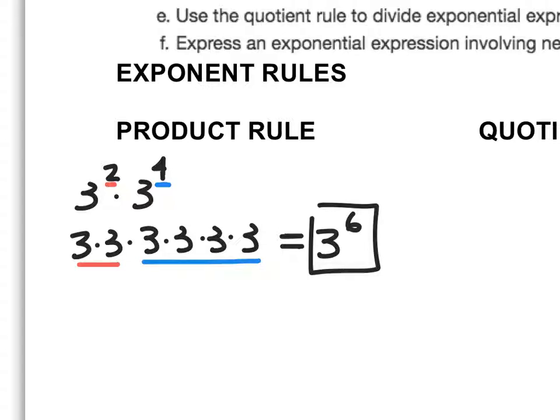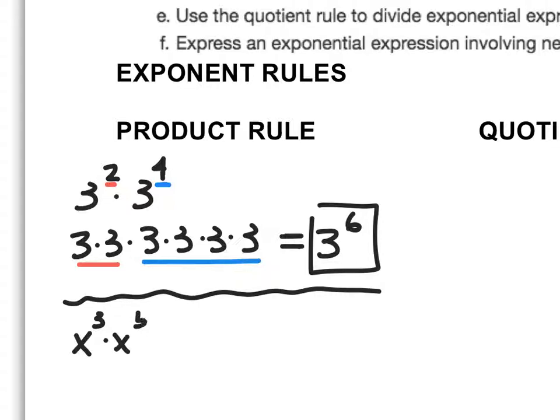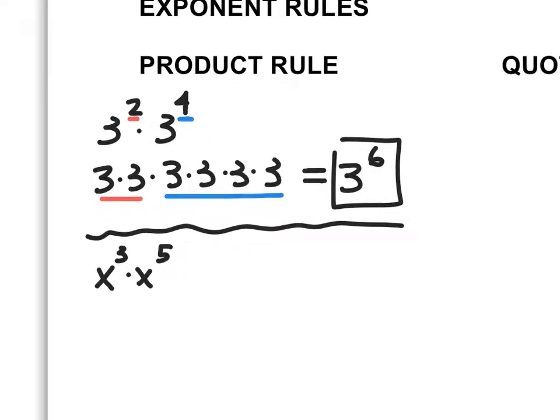Now let's think about this using variables. Let's say I have x to the 3rd times x to the 5th. For x cubed, x to the 3rd power, that's going to be x times x times x. That's my 3 right there.